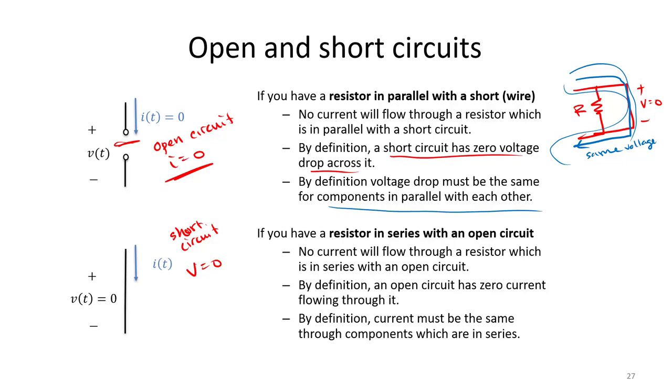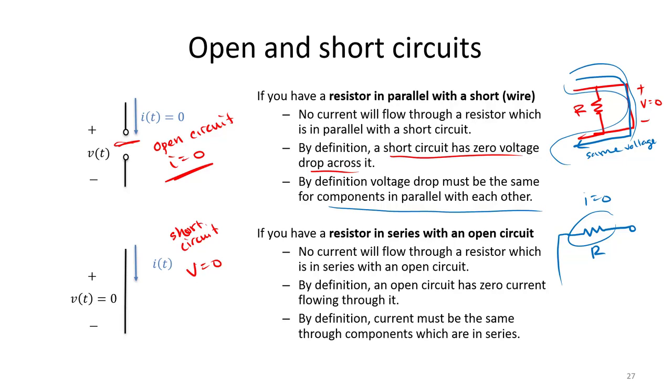Also, if you have a resistor which is in series with an open circuit, so if we have some resistor here, notice that no current is going to flow through that resistor because that resistor is connected to an open.